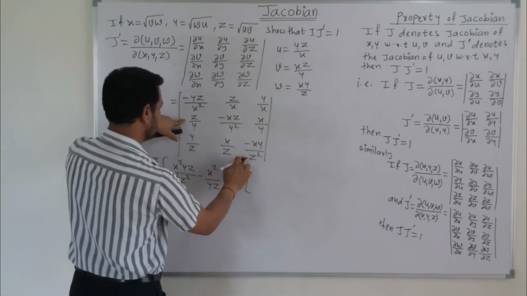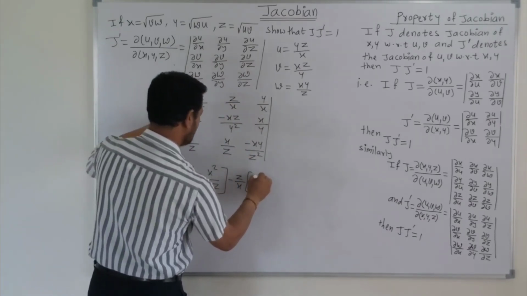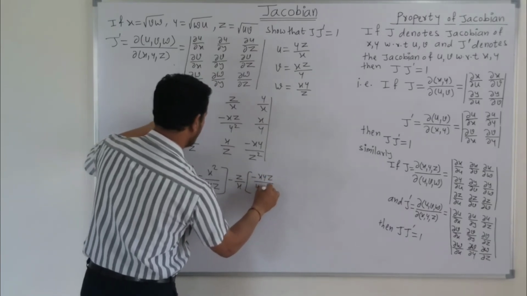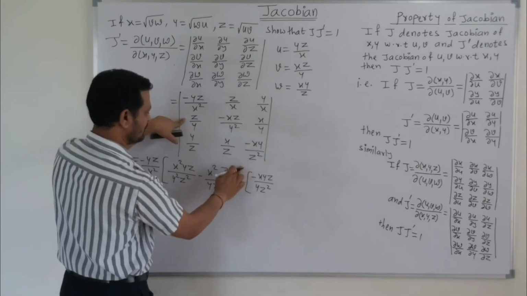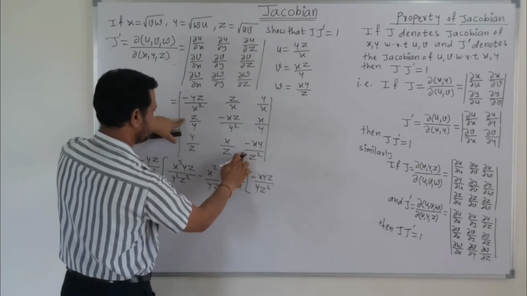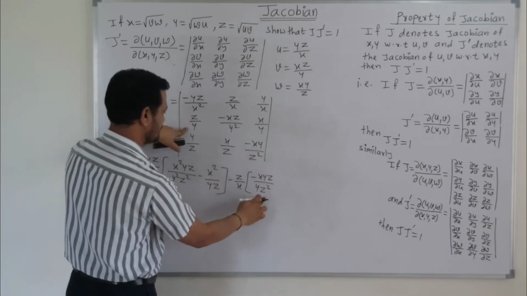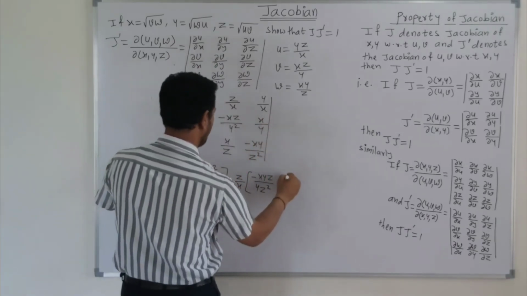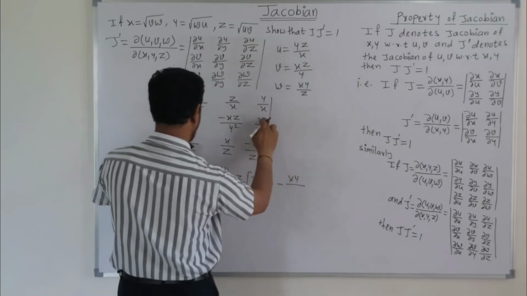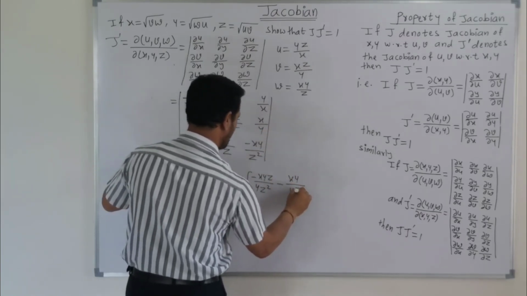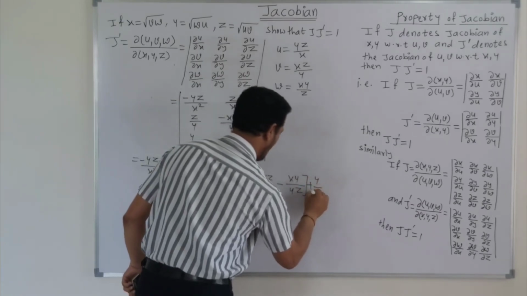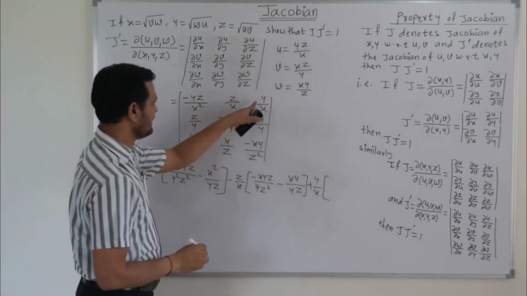So take the product of these two terms. This is minus xyz divided by yz square. Take the product of these two terms: this is minus xyz upon yz square, minus, again xy upon yz, plus y upon x.